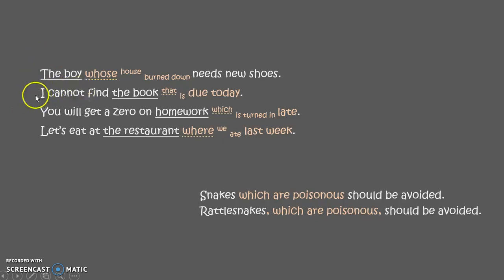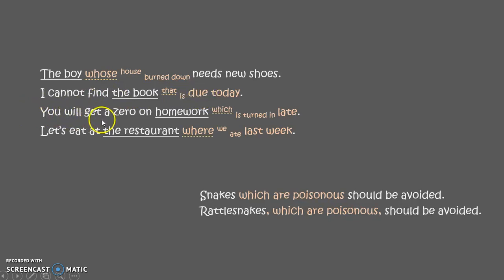Also, if I say, I cannot find the book that is due today, you can see how I feel like you need this information so you understand, first of all, which book I'm talking about, but also why I'm even saying this sentence, why I'm even worried about this book. Well, it's due today.